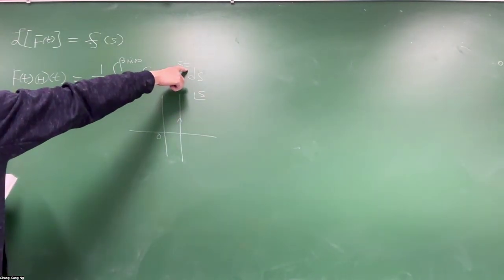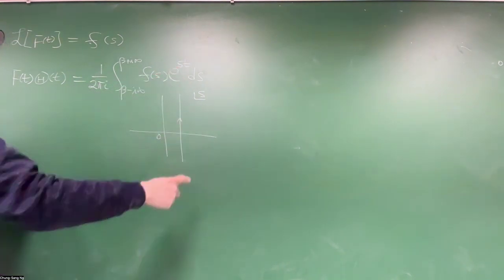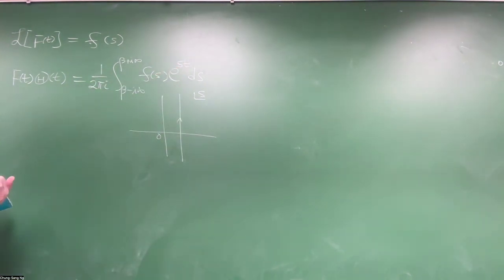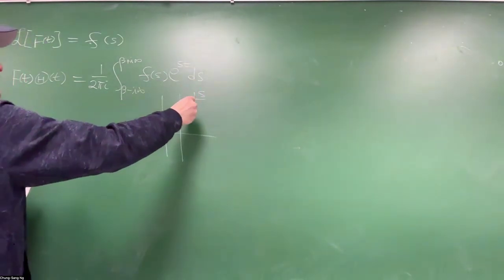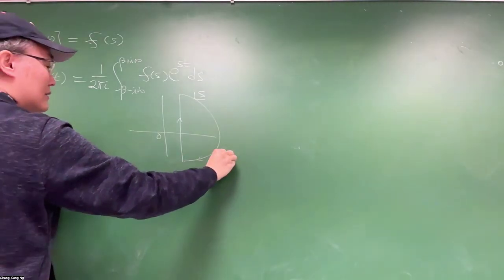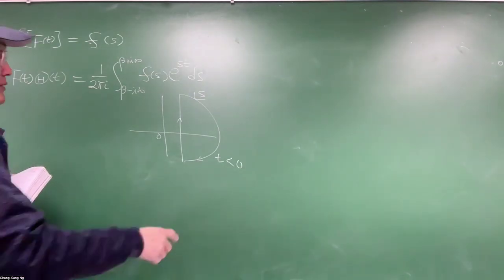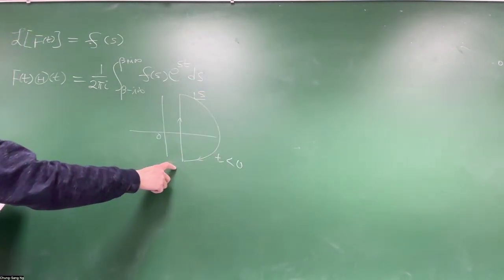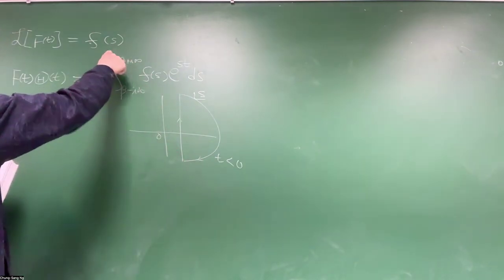So for negative t, you require the real part of s to be positive. You want to close it along a loop where the real part of s is negative, so you close it on the right. For negative t, you close it on the right-hand side, and the integral along the semicircle is 0. So this is your Bromwich integral.